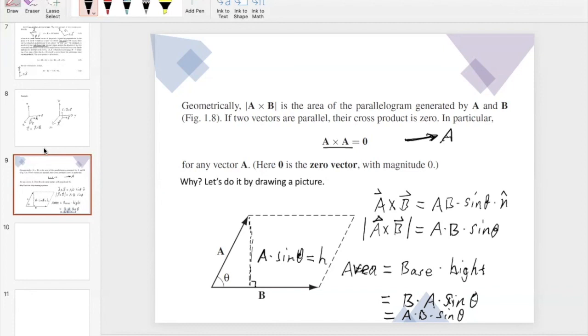They're completely different products. For example, a dot product results in a scalar. However, a cross product results in a new vector. Okay, so that's this lecture. Let's stop here.